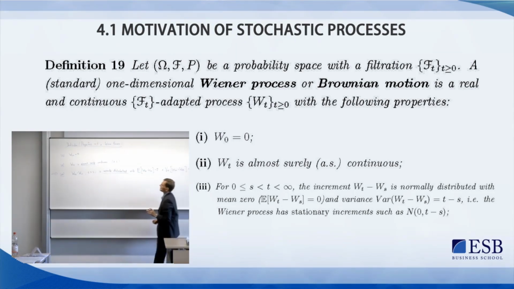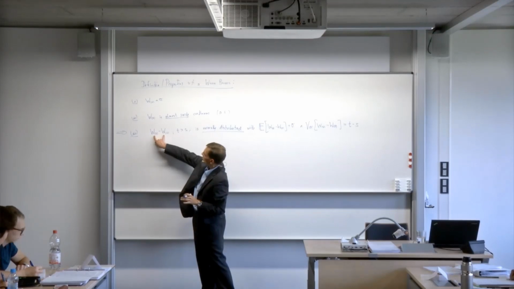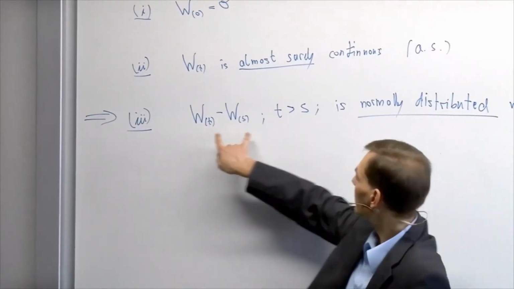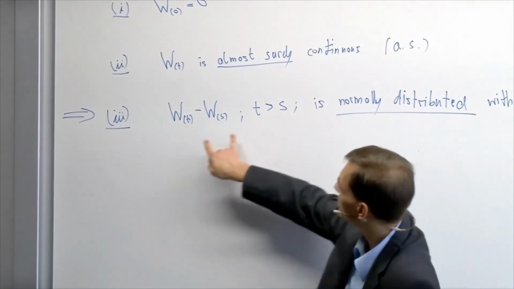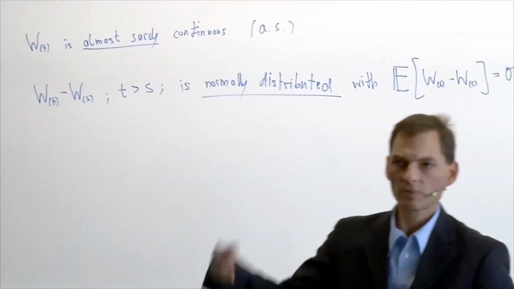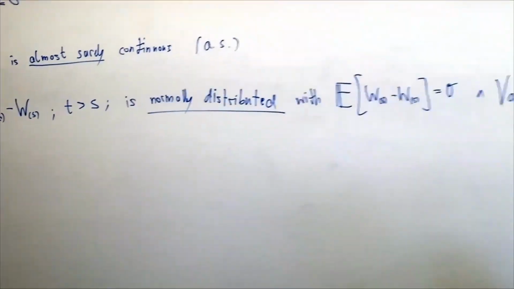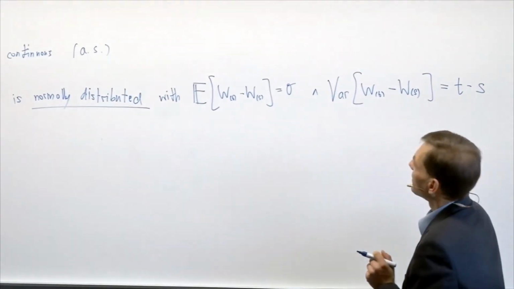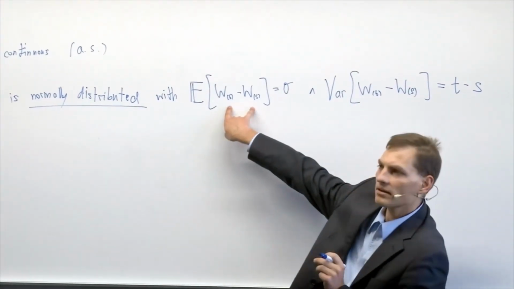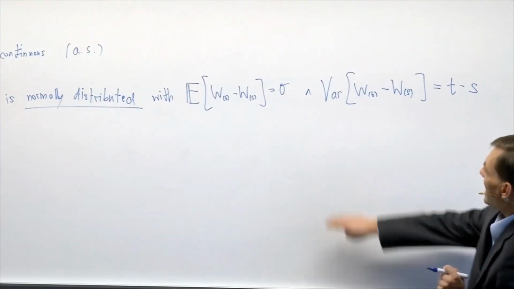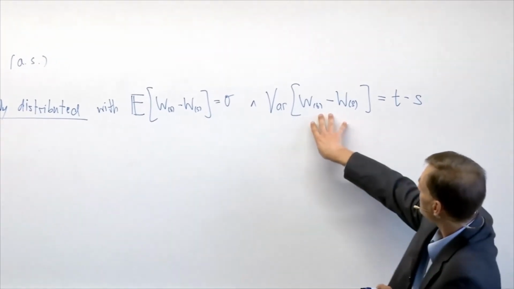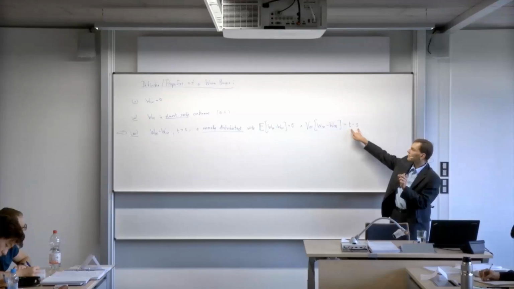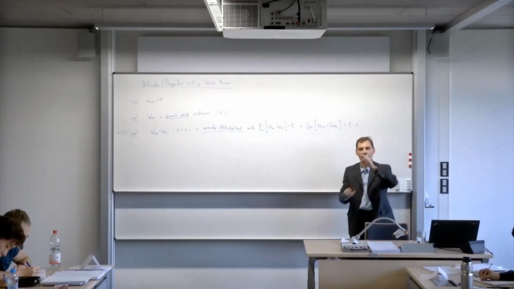So let me explain this. So the change of the Wiener process, right, over time. We look at two different time points of my process, period t and s. And this change, this increment, is normally distributed. And the expectation is 0. And the variance of this increment is the time difference. The difference between the times is the variance.